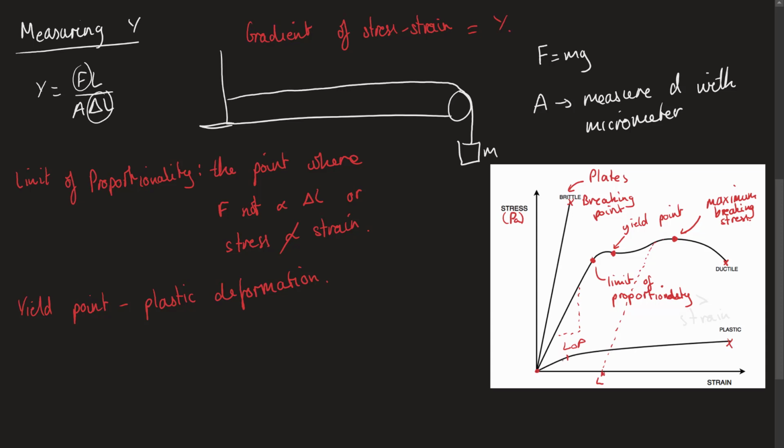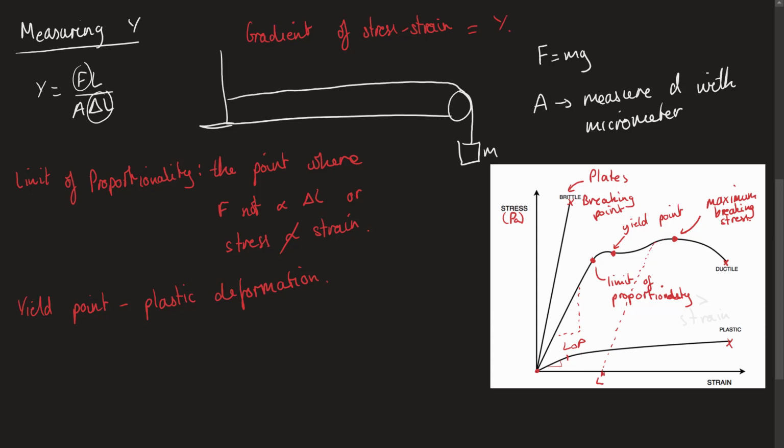So the gradient here will be the Young modulus of this material. However, it's only a very small amount of stress that you can actually apply before you get not consistent proportionality, is what I'm trying to say. So you can only apply a very small amount of stress until you plastically deform.